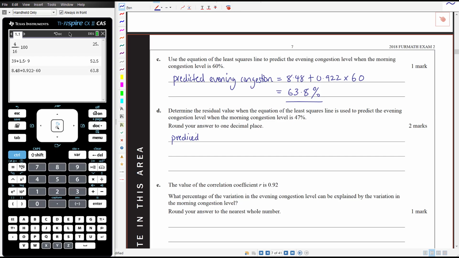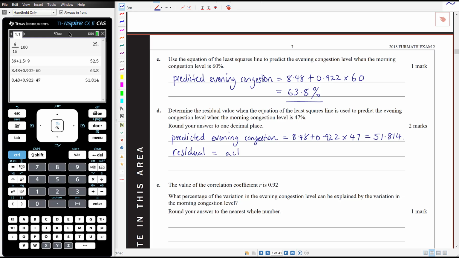So the predicted evening congestion is 8.48 plus 0.922 times 47. That's easy in my CAS because I've done that calculation once, so I'm just scrolling up, pressing enter to copy that down and changing the 60 to 47. So that is 51.814.